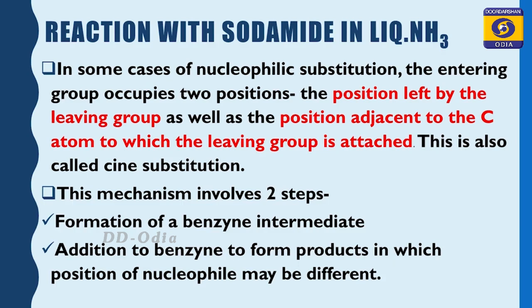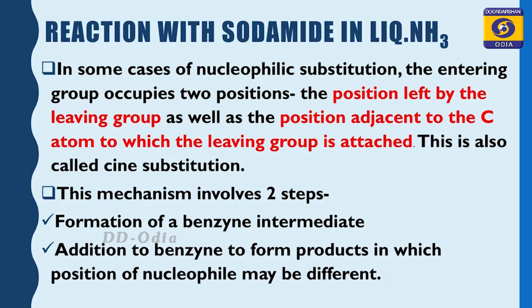In this case, reaction of the sodamide in liquid ammonia, what comes to your mind? Liquid ammonia is possible when the temperature is very low, as low as -30 degree centigrade or -33 degree centigrade. At that temperature only liquid ammonia exists, otherwise ammonia is in the gaseous state.